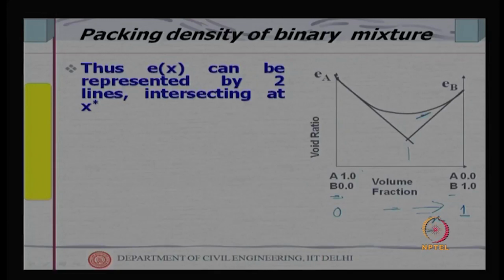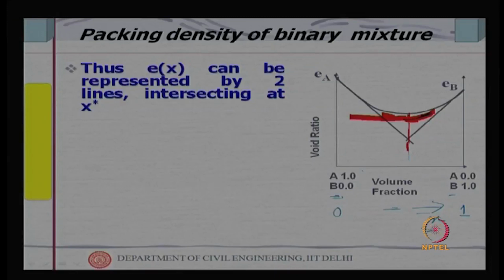Because of this behavior, where the packing gets disturbed, we call it particle interference. When you put in another particle, it interferes with the original system, and thus the curve never remains a straight line; rather, it tends to become curvilinear, and the void ratio is much higher than what you would have got for the ideal case.